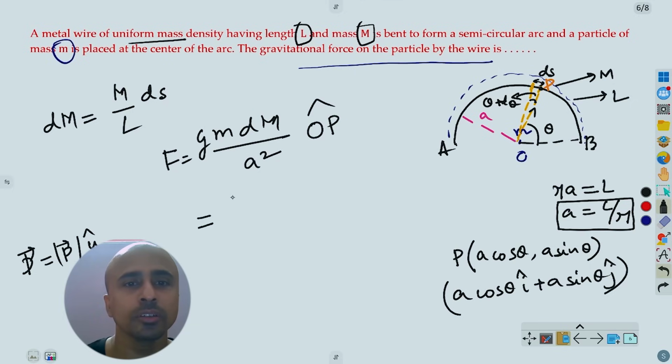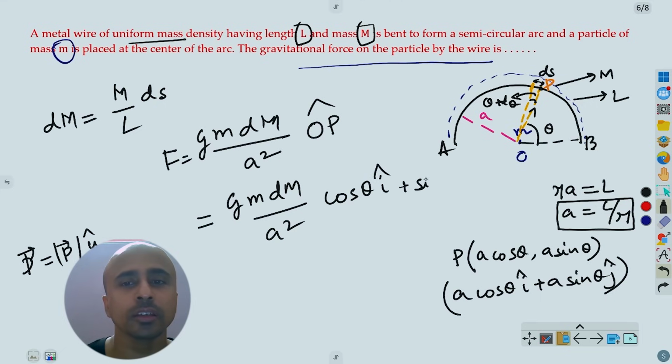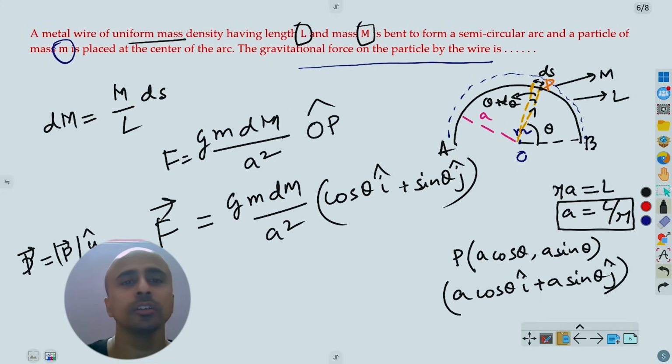So this is G M dm by a square times cos theta i cap plus sin theta j cap. This gives the gravitational force vector. If we don't have this term, it is only magnitude.